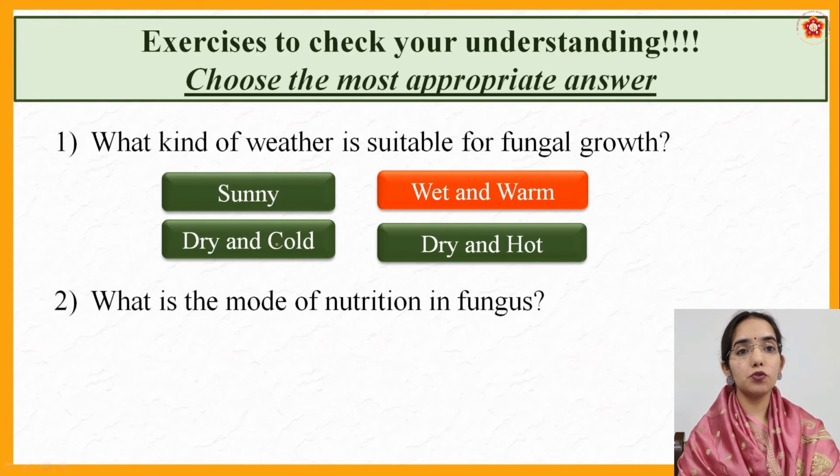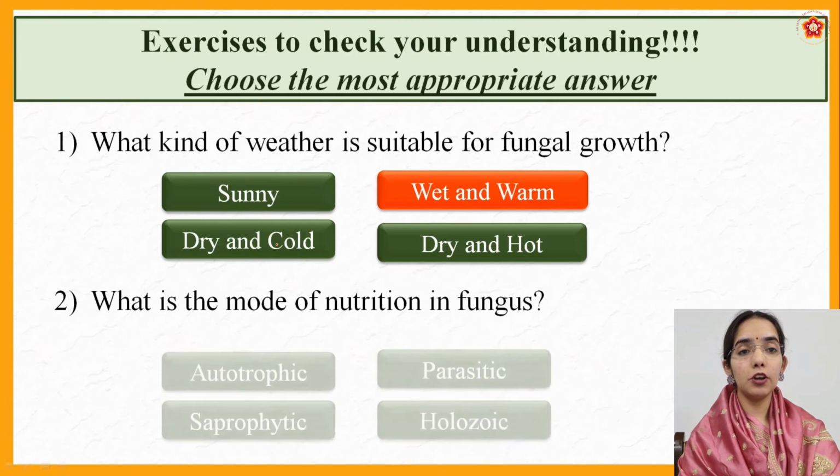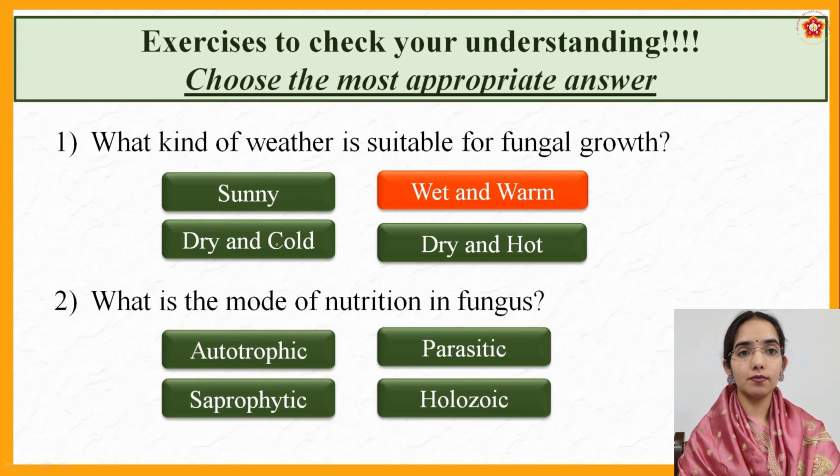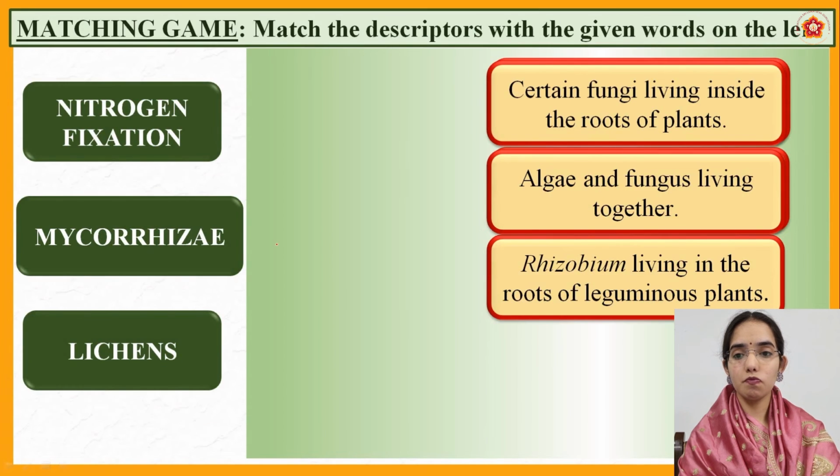What is the mode of nutrition in fungus? I'm sure you can answer this without even looking at the options. Yes, the right answer is saprophytic mode of nutrition. Now, match the descriptor with the given word on the left.